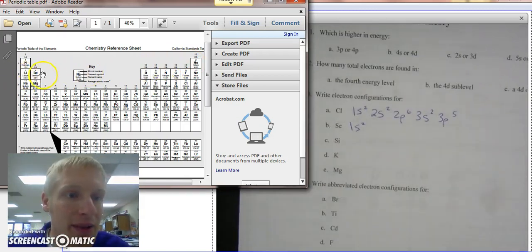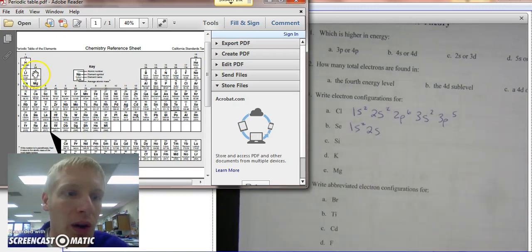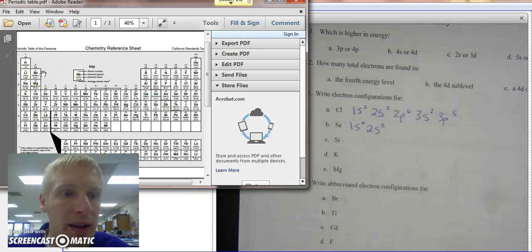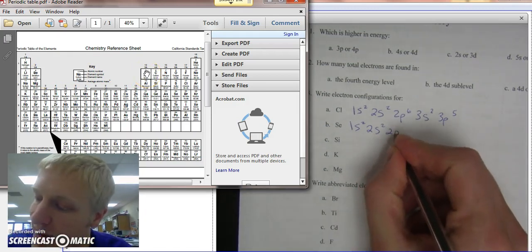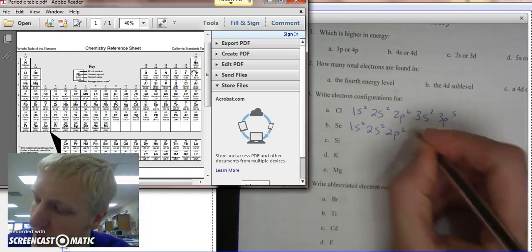I'm at lithium in the second row, it's in the S section, 2s, 1, 2. So I write 2s2, and then I continue on to boron. And this is still in the second row, but now it's in the P section, 2p, 1, 2, 3, 4, 5, 6, and it's filled up.